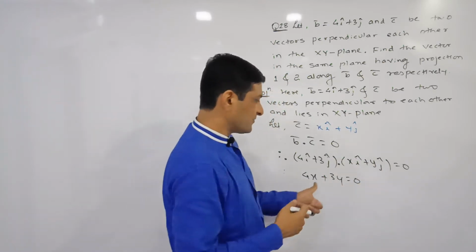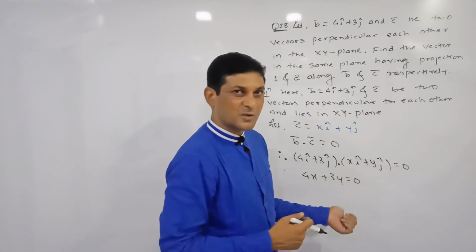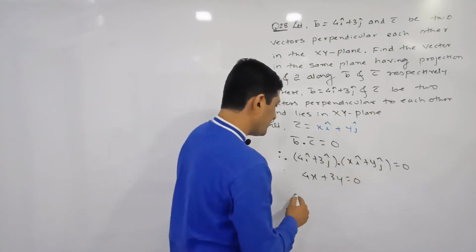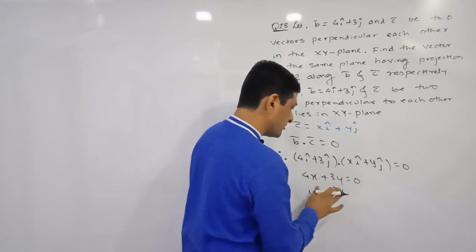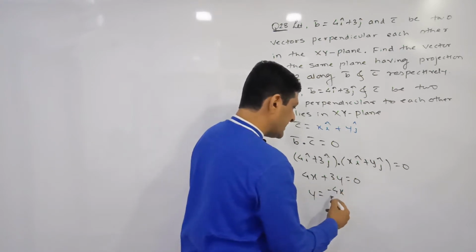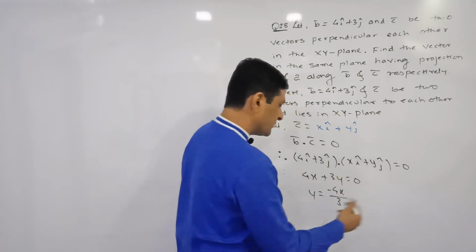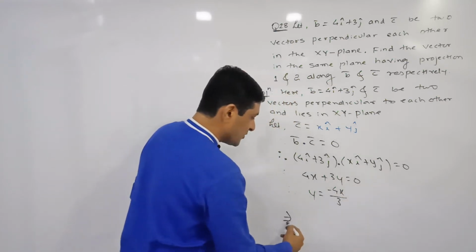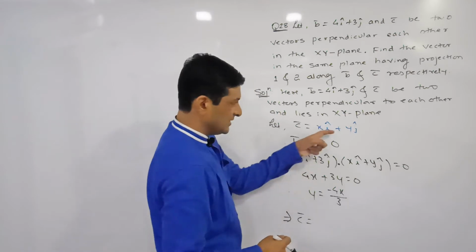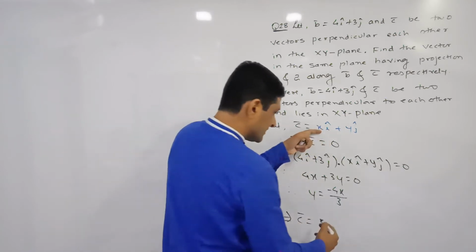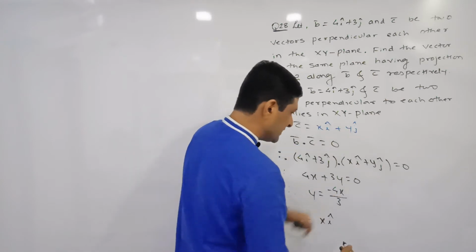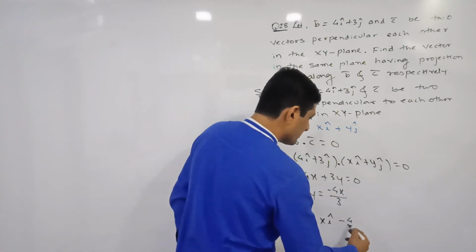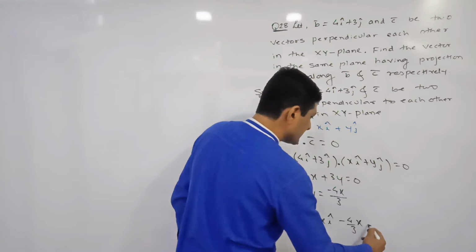Now either find the value of x in terms of y or y in terms of x. From this we can say that y is equal to minus 4x divided by 3. So in this way we have got the value of y. If we substitute this value of y in the expression, see what we get. Keep the first term as it is, xi cap, and replace y by its value, minus 4 by 3 x j cap.